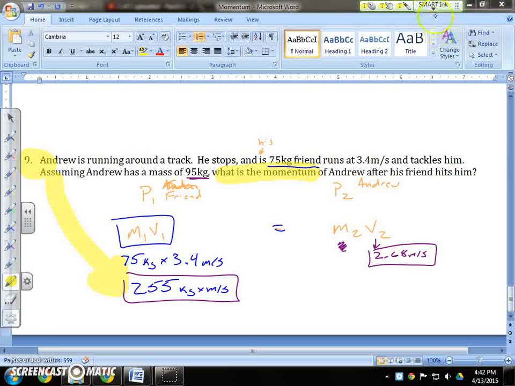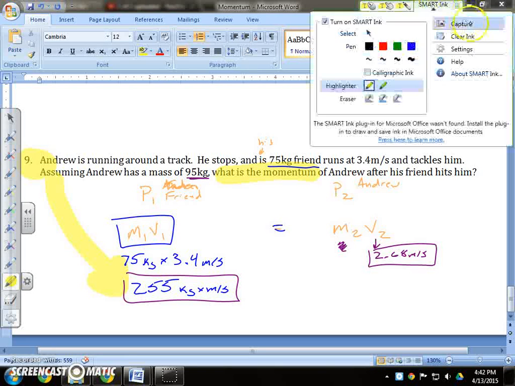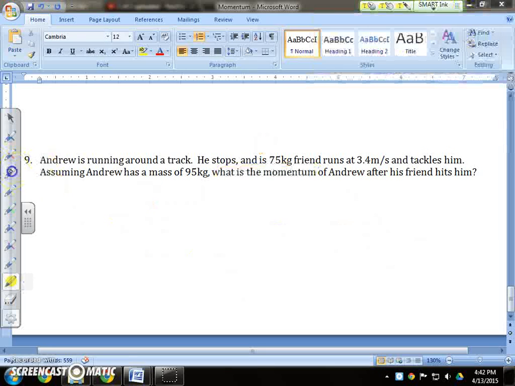Okay. So hopefully this works you through the conservation of momentum. I think the big thing that many of you need to keep in mind is that we are always talking about two objects. If we have a before, there's always one that's moving and one that's stopped.